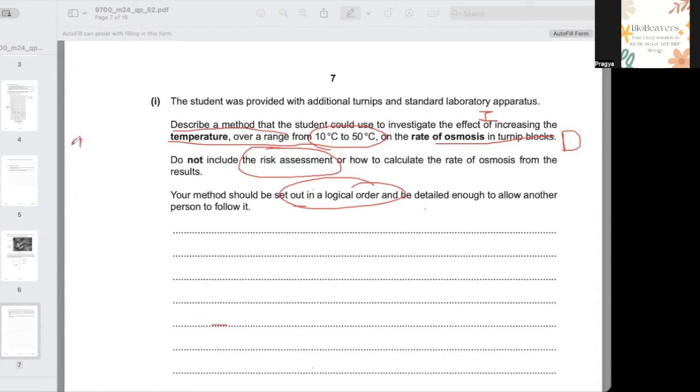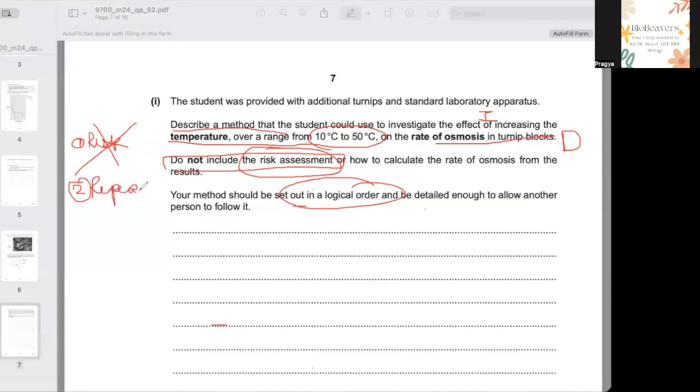One is that of risk assessment, where you have to write the kind of risk it is, what is the risk that you will be taking, and what is the safety precaution that you will be using. But obviously, we lose our point here because they have clearly said that you do not include the risk assessment here. We still have a second savior point, that is repeat.